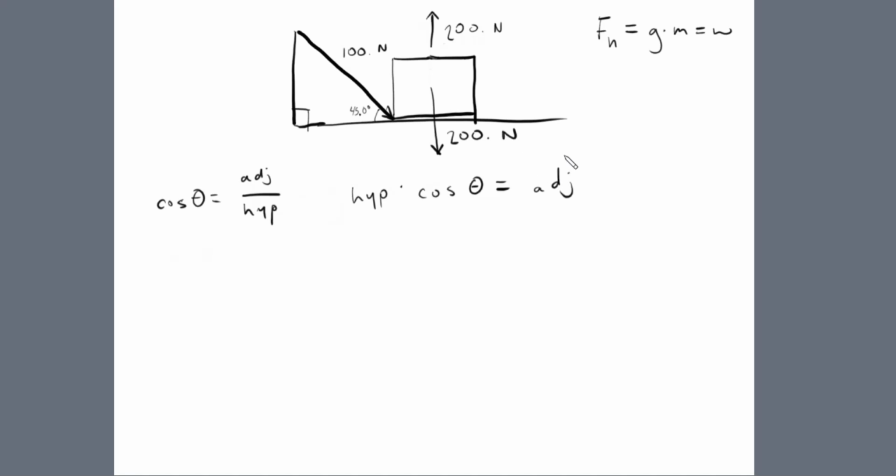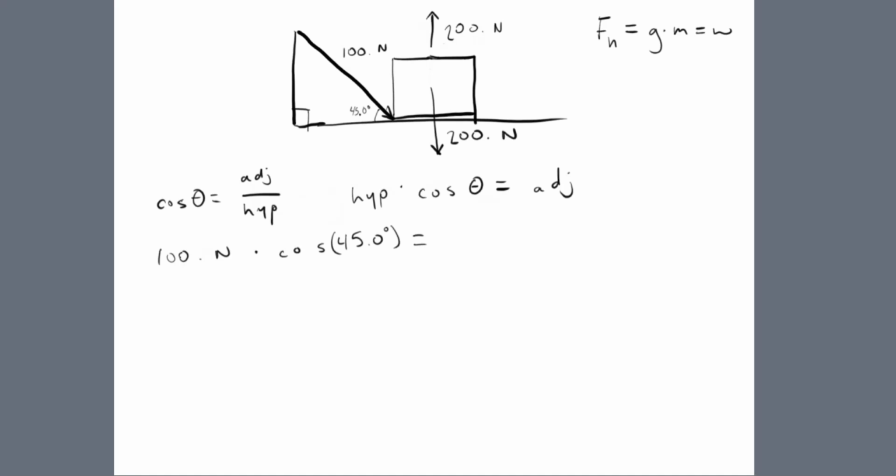Now we know how to find the adjacent side, so we can simply plug in the values that we already have and solve. The hypotenuse is 100 newtons, so we write 100 newtons times the cosine of our angle, 45 degrees, and that's going to equal our adjacent side.